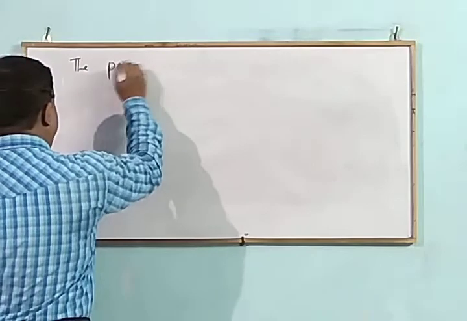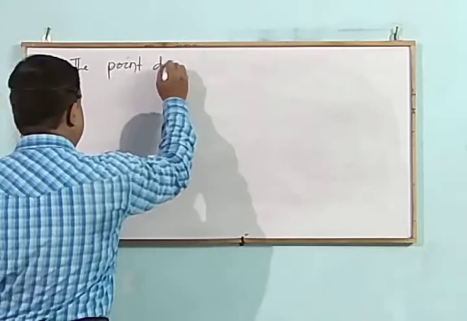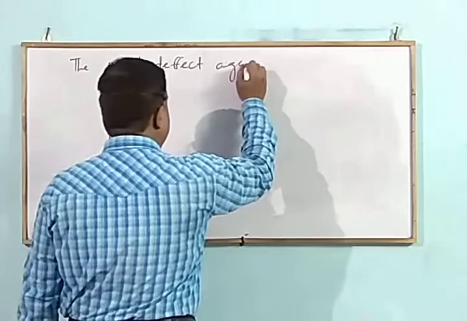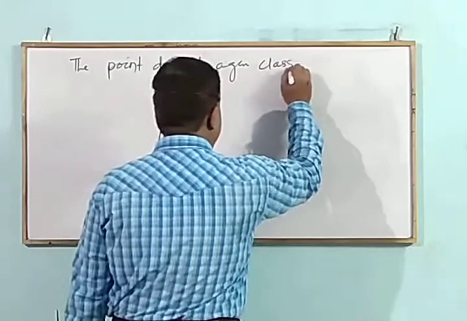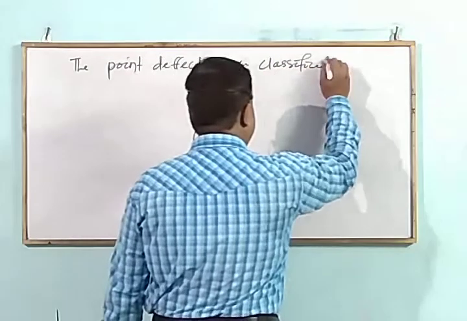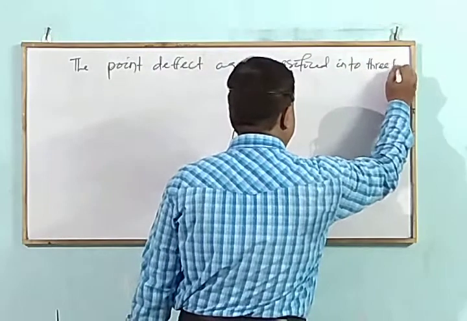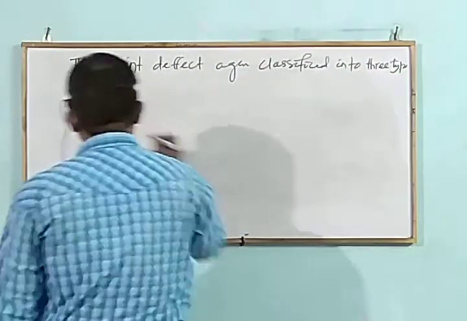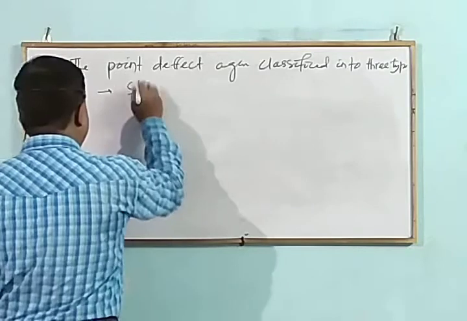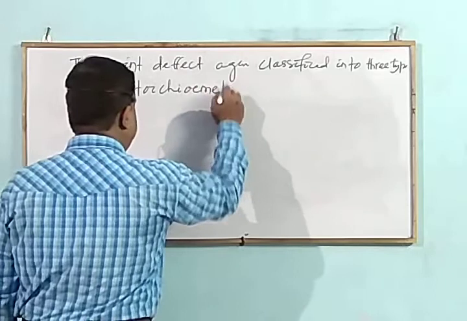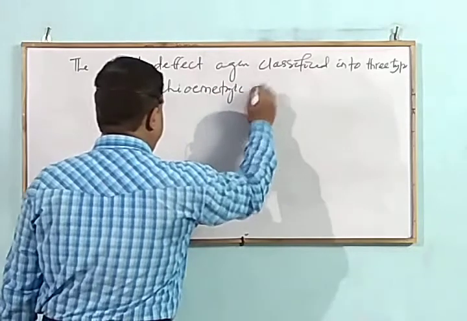The point defect is again classified into three types. Point 1, stoichiometric defect.